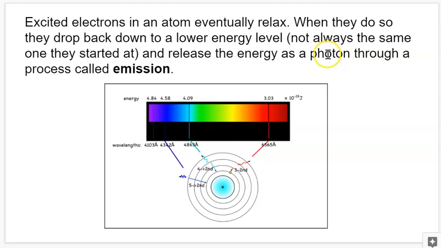But the photons that are emitted as a result of this process is called emission. So you have absorption and emission, which are two opposites. The absorption is the energy coming in to promote the electrons up to higher levels, and then emission is when those electrons drop down to a lower level and release a photon of light to reduce its energy.